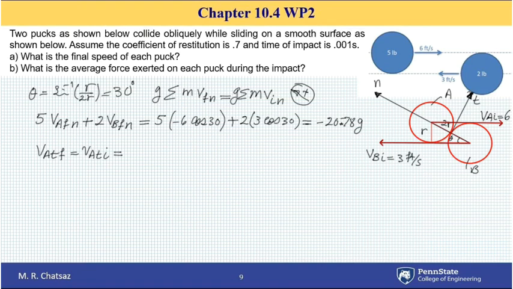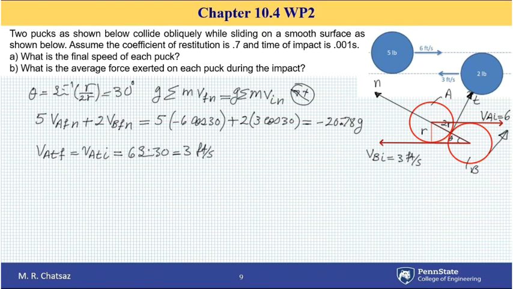If you look at the diagram, for ball A this component is positive, so I want to write 6 sine of 30, which turns out to be 3 feet per second.